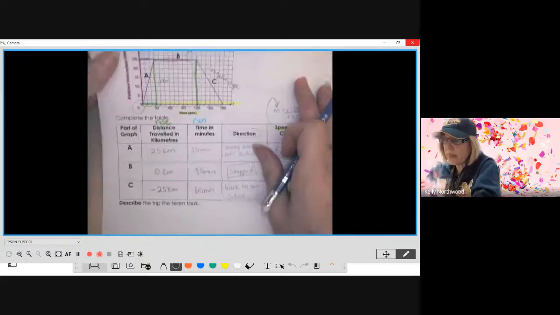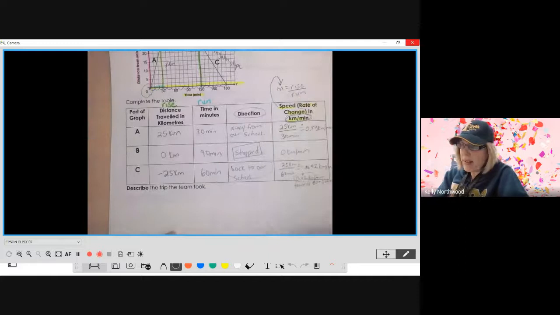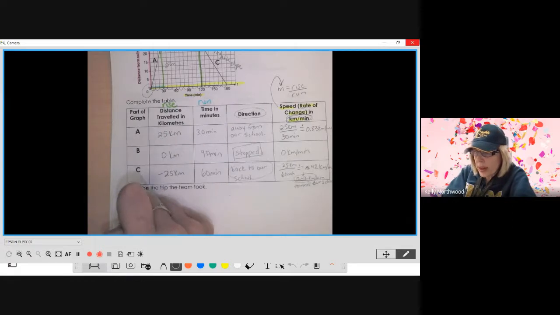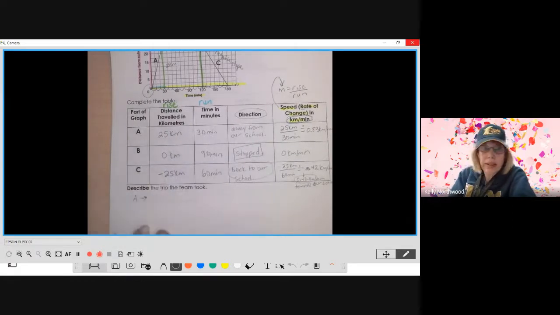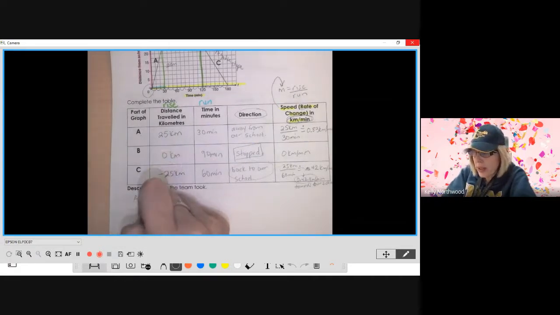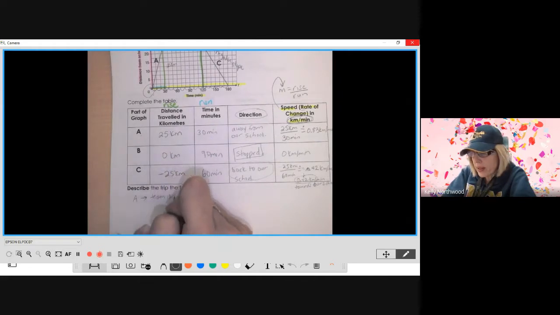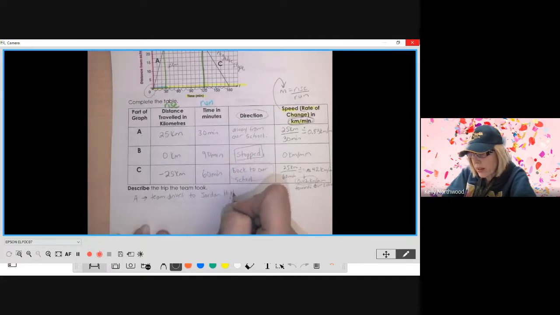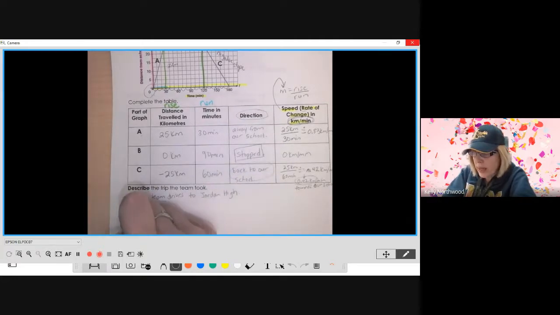And then it says describe the trip the team took. They always throw that question in there to make sure you understand what's happening. So I usually just do part A and then do a little arrow. Team drives to Jordan High. And then for part B, they play basketball.